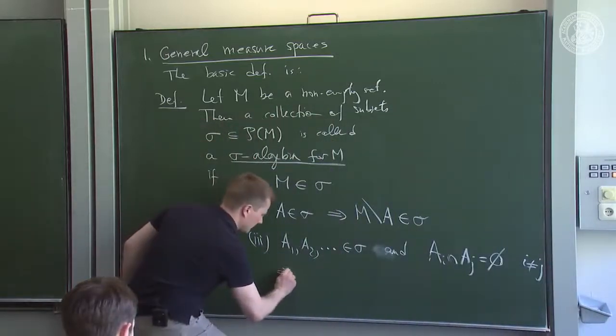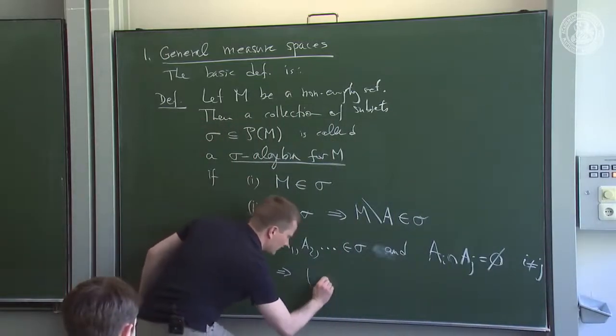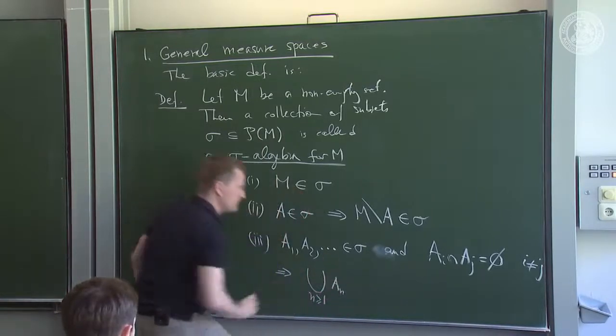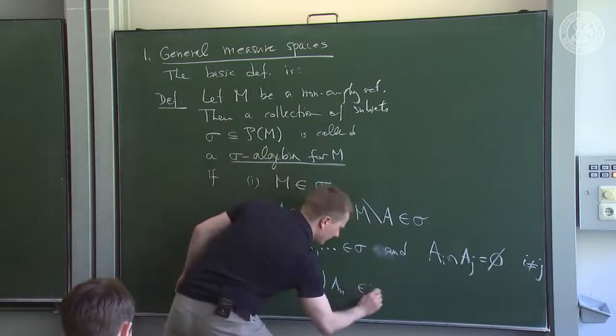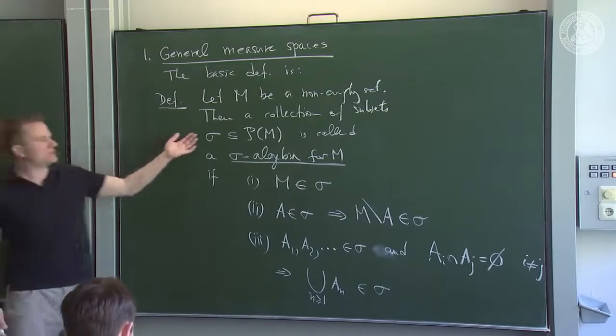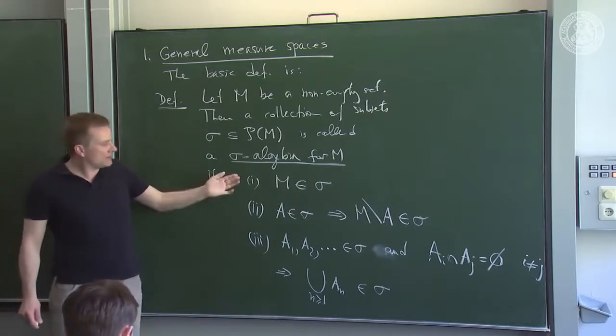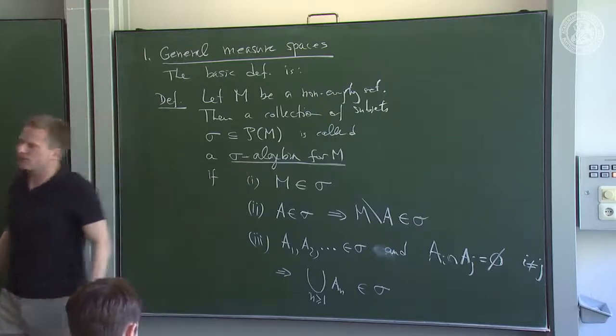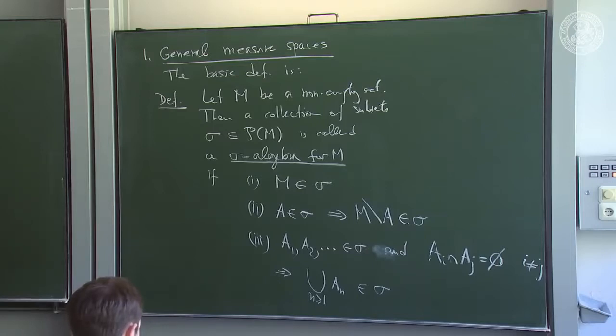Then the union over all these is again an element of the collection, of the sigma algebra. So any such choice of subsets, like in a topology, there are three conditions they need to satisfy in order to be called a sigma algebra. So that's the key notion.